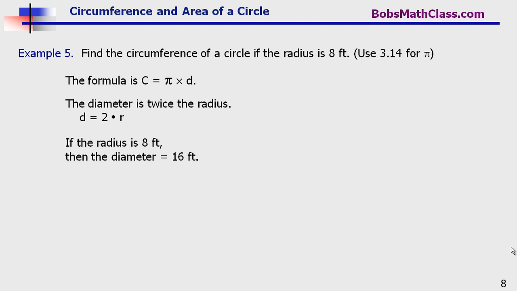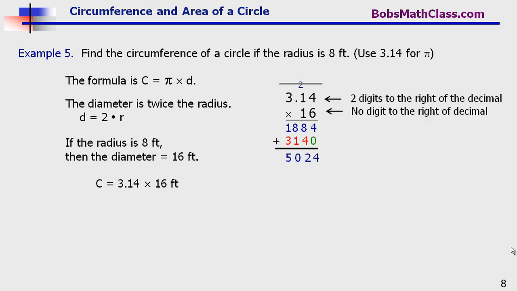Now we can replace pi with 3.14 and D with 16. Okay, go ahead and perform the multiplication. Do 5024, move the decimal point over 2 places.